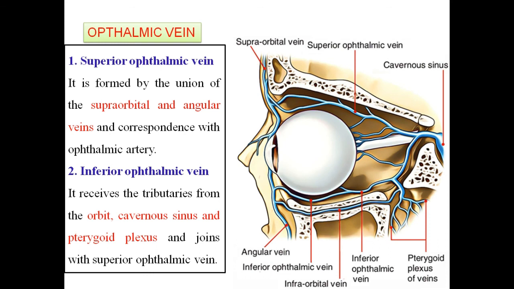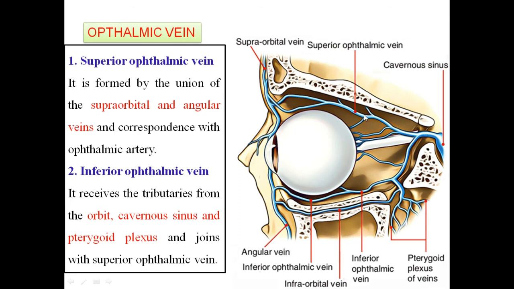Superior ophthalmic vein and inferior ophthalmic vein. You can see that these drain into the cavernous sinus. Both ophthalmic veins drain into the cavernous sinus.